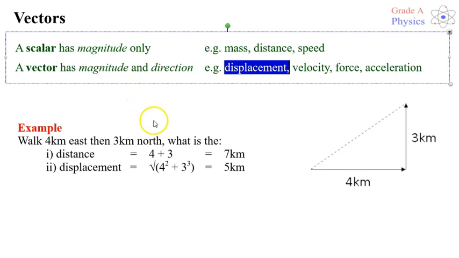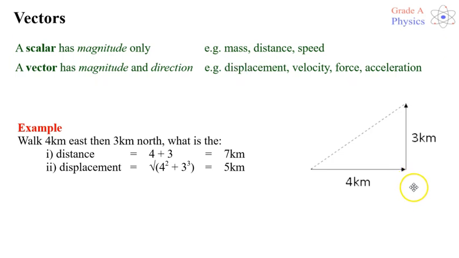So, magnitude and direction. A nice way to illustrate the difference between the two, looking at distance and displacement: if a person walks 4 kilometers east and then 3 kilometers north, then the distance they have walked is 4 plus 3, which is 7. That's fine. However, the displacement will be the direct line here, which is going to be the hypotenuse of the triangle.